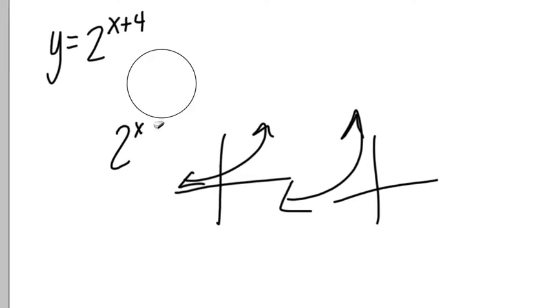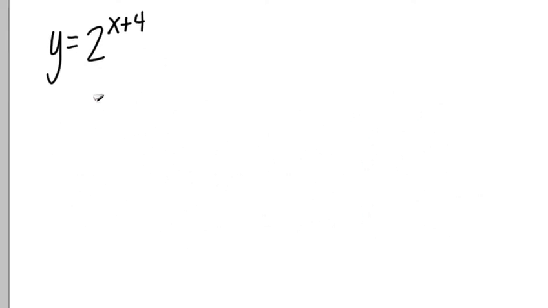So what's your domain? Would it change? No. What's my range? Guys, pay attention. It would be the same as before because I only moved left. I didn't move up or down, right?